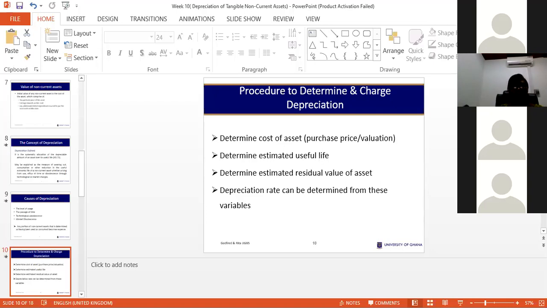Okay, so let me just put a simple question. For instance, we have the cost of motor vehicle to be 100,000 cedis. And then we have the residual value.